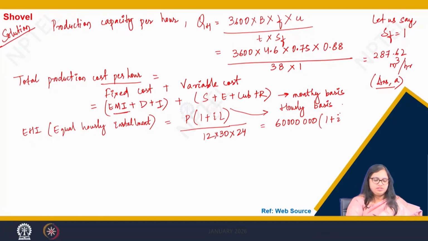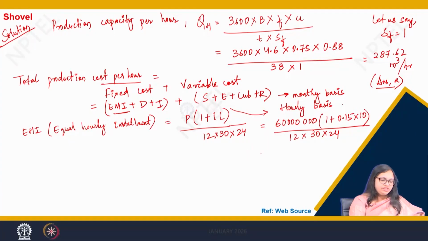Instead of I, let me write 0.15, that is the interest, 15%, multiplied with the life, that is 10 years, divided by 12 into 30 into 24.